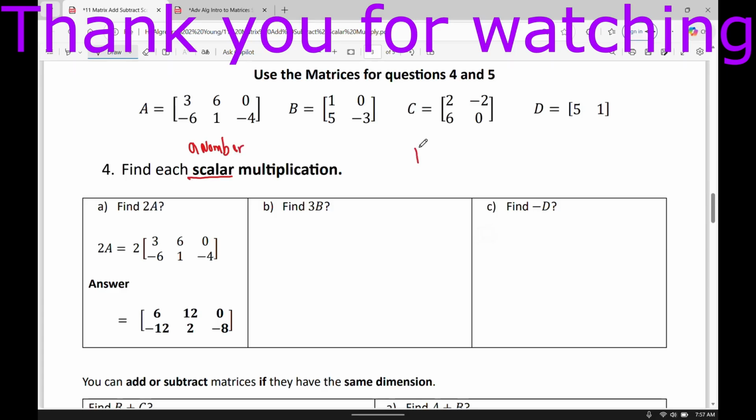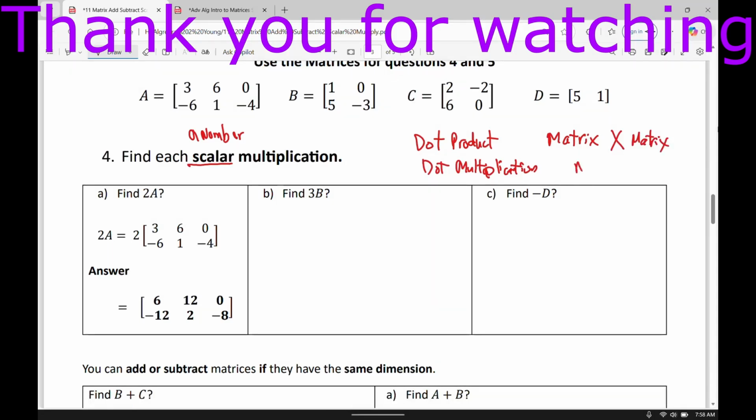The dot product is between a matrix and another matrix, so that's going to be in the next video. We're going to learn the scalar today.